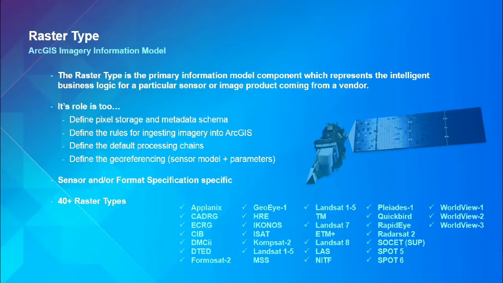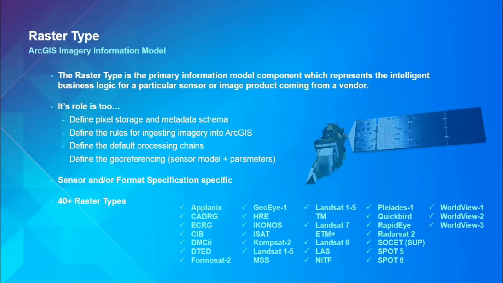So next up is a raster type. And what is a raster type? A raster type is essentially a piece of intelligence in the information model that's designed specifically for one sensor. Okay? So think of a raster type as the brain for WorldView-3 imagery, the brain for TerraSAR, the brain for Landsat 8, right?